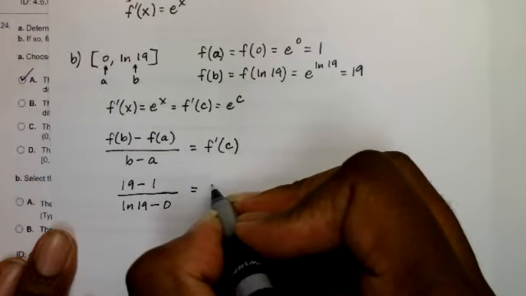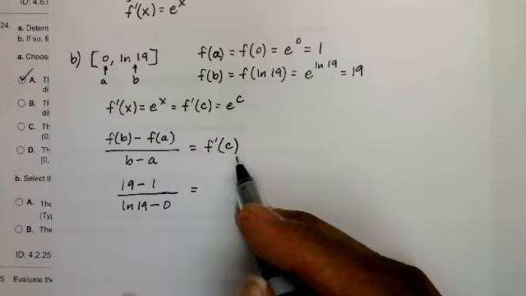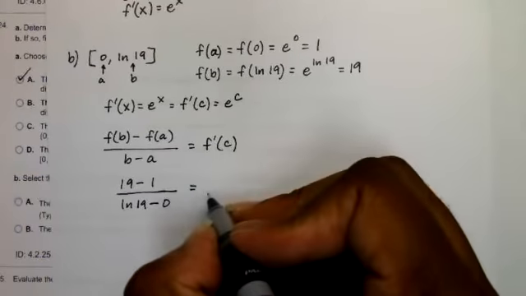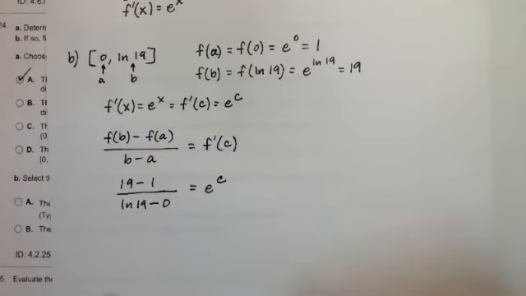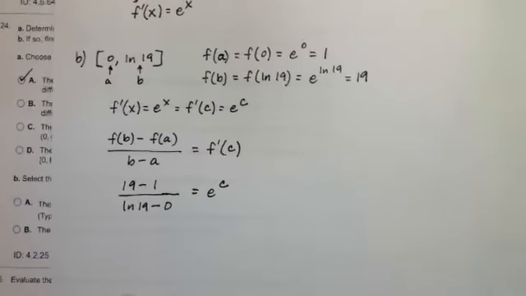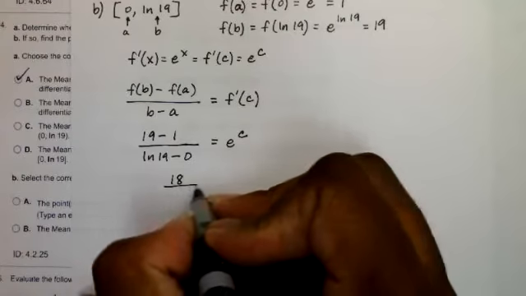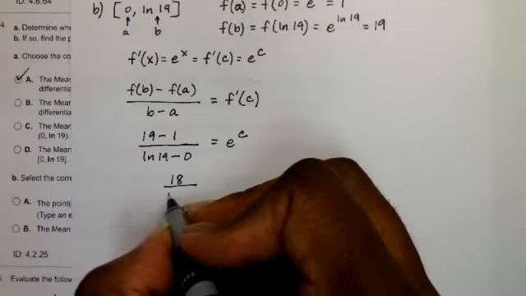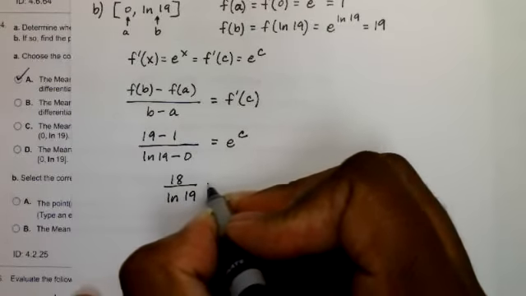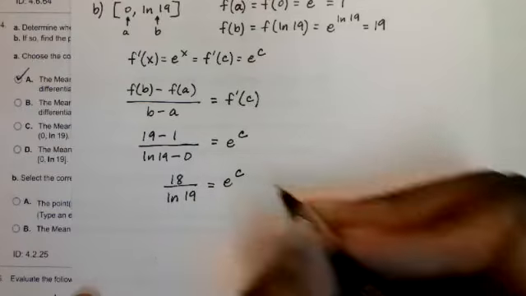And that's equal to f prime of c, which was e to the c. Now let's simplify this. 19 minus 1 will be 18, divided by ln of 19 minus 0, simply ln of 19, equaling e to the power c.